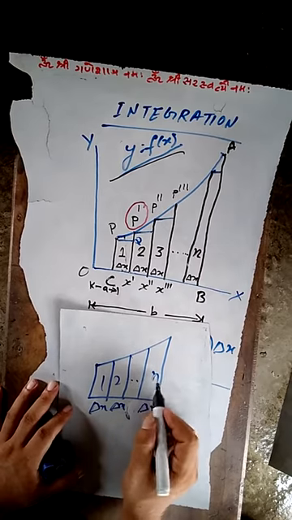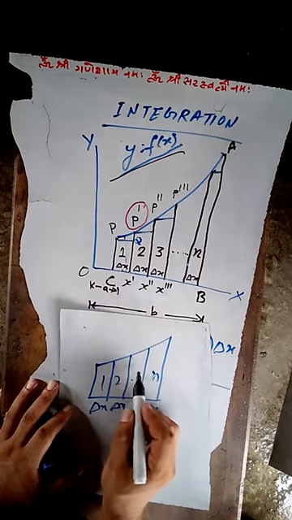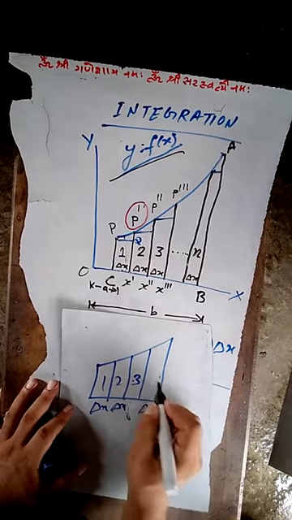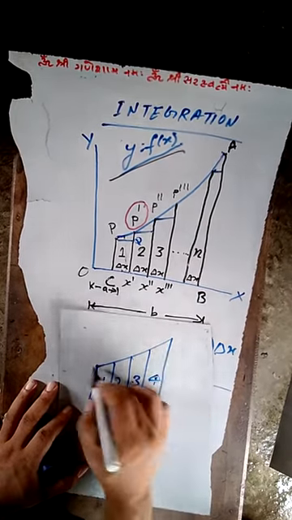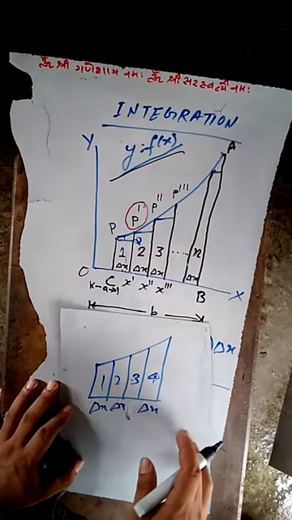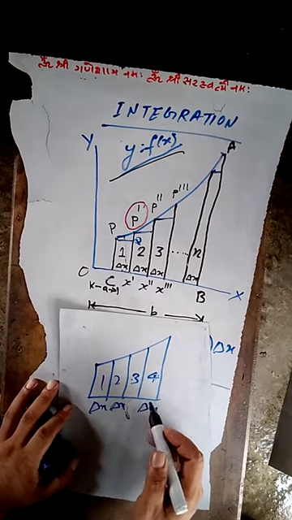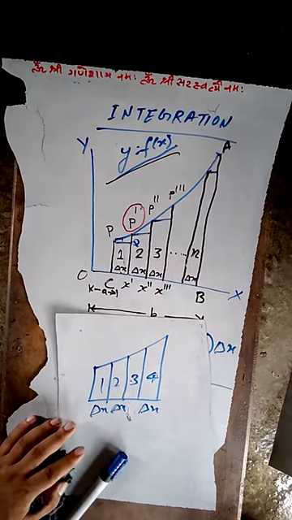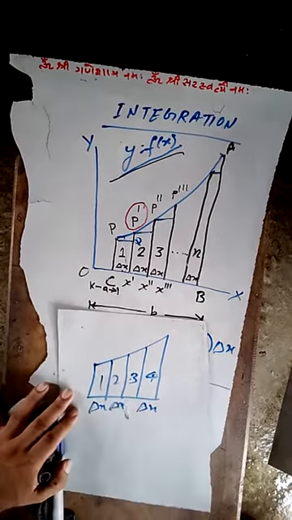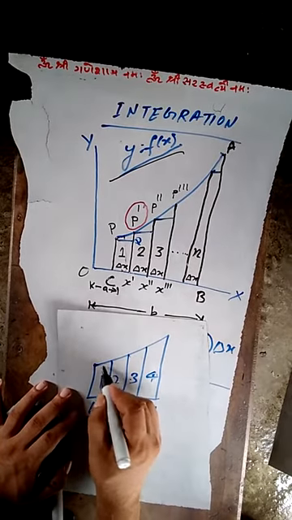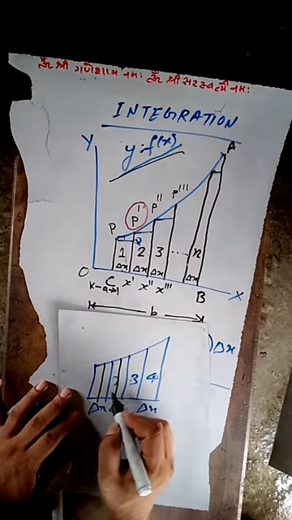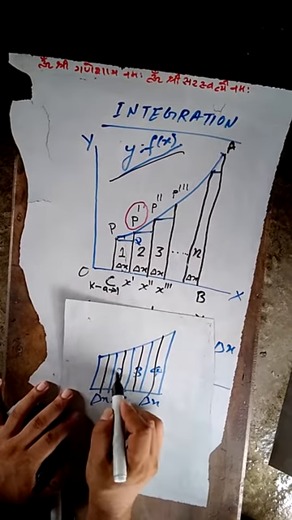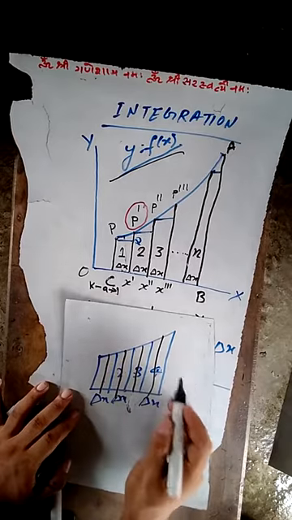Suppose we take 1, 2, 3 and 4 strips, and we have divided this whole area. If we increase the number of strips by 2 more, what will happen? 6 strips, so it will be like this. Each term will be like this. So 1, 2, 3, 4, 5, 6, 7, 8 strips.